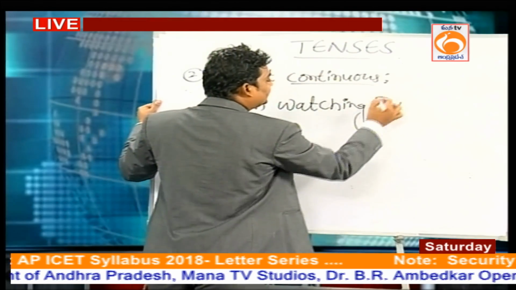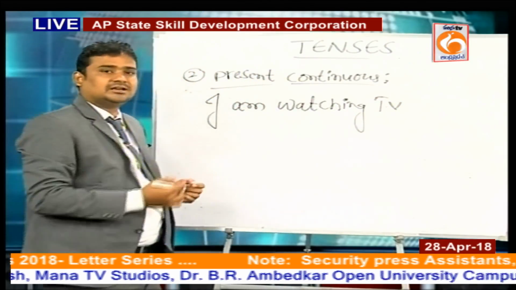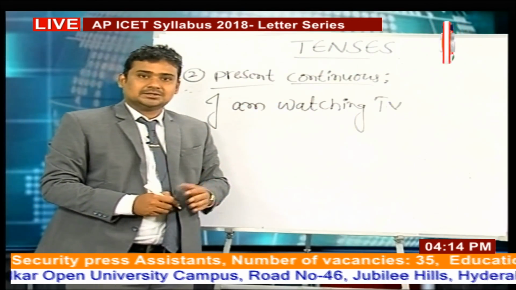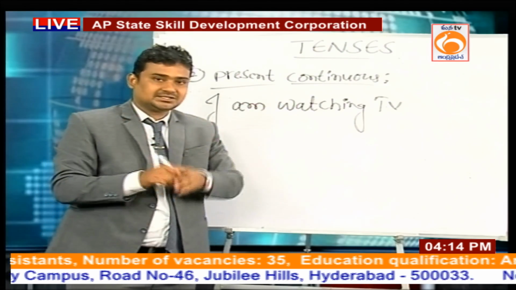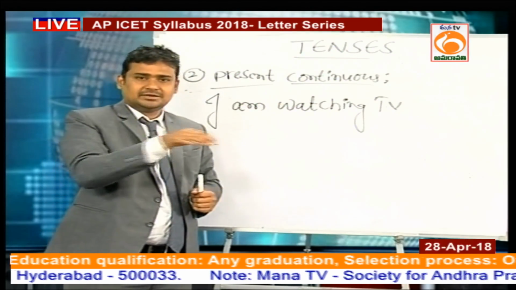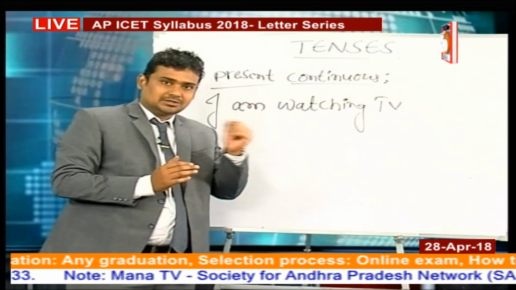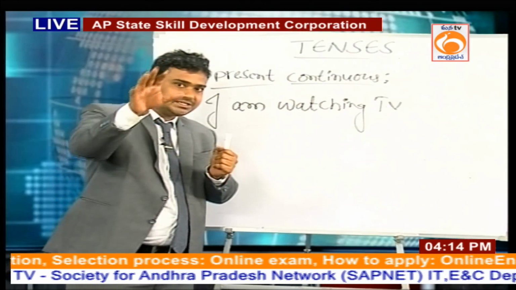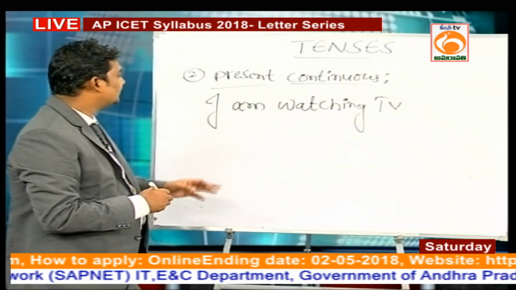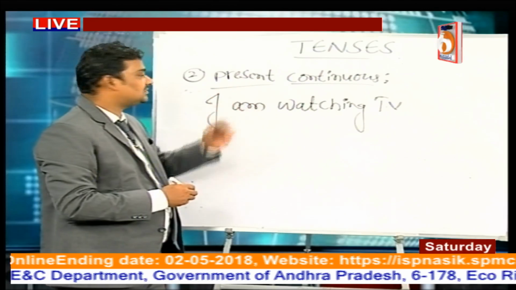One of my friends called me, asking what are you doing? I said I am watching television. So one action is going on, a TV program is going on. This type of action is called present continuous tense.